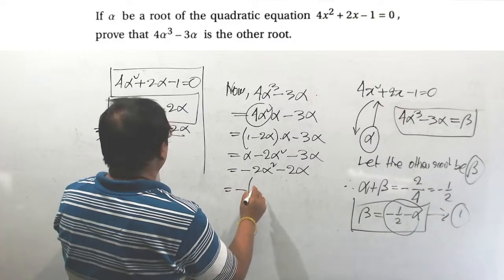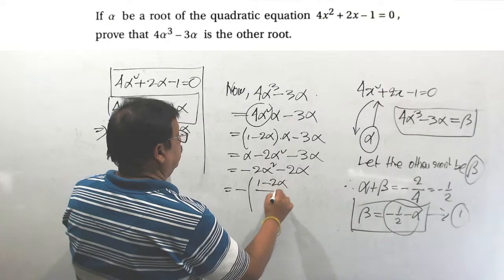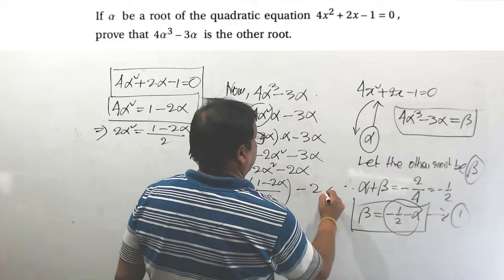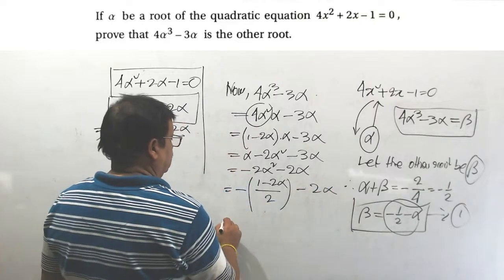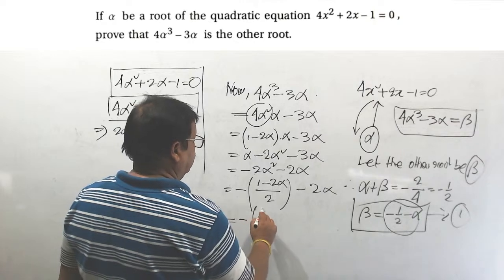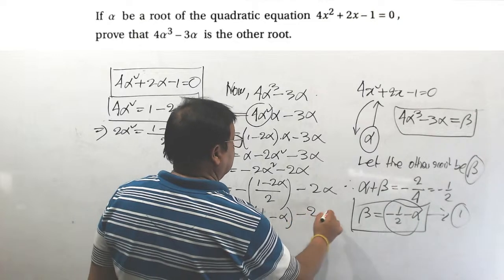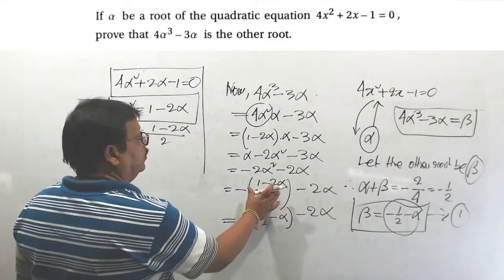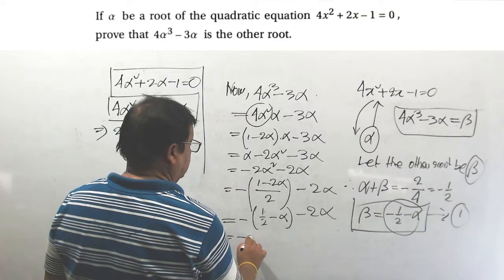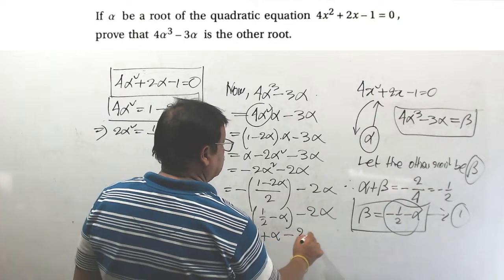That is minus of 2 alpha square means 1 minus 2 alpha by 2. Understood? Minus 2 alpha. Now see, this is equal to what? Minus of 1 by 2 minus alpha, minus 2 alpha. Understood? Split it. This implies minus half minus minus plus alpha minus 2 alpha.